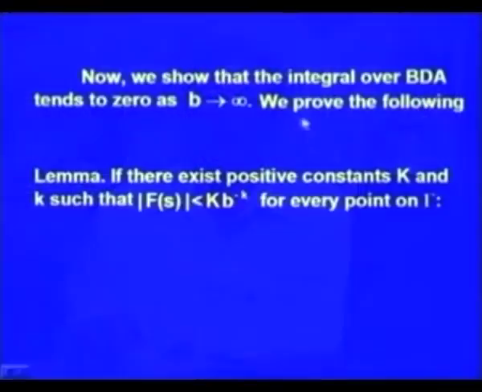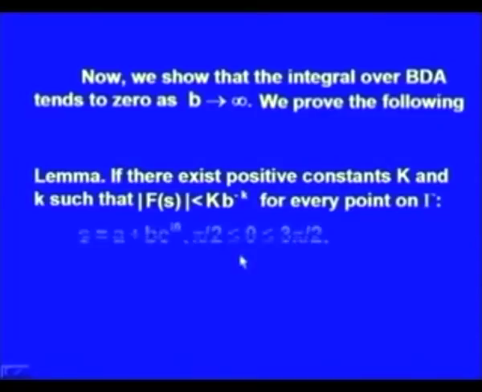We show that the integral over BDA, that is the curved part, the semicircle, tends to 0 as b goes to infinity. The semicircle is of radius b and has center at a.